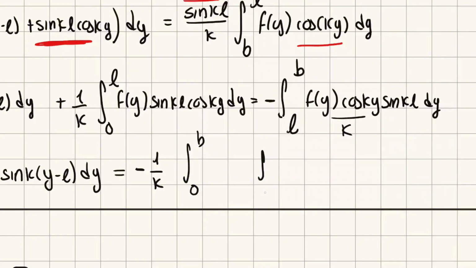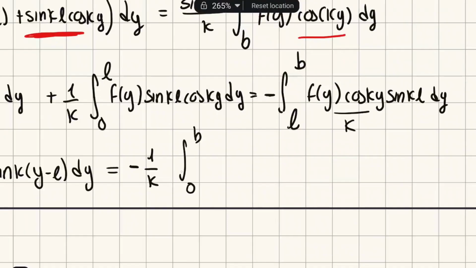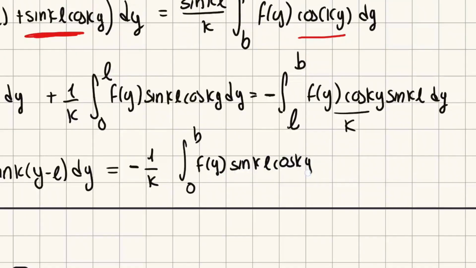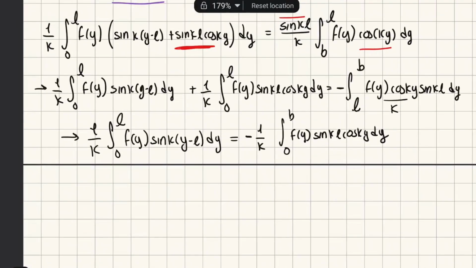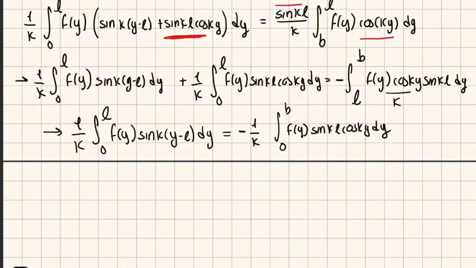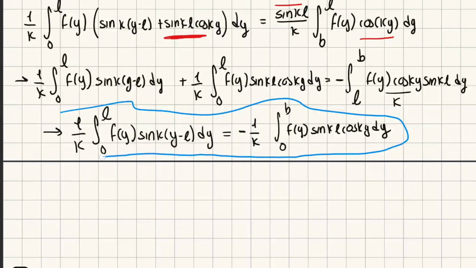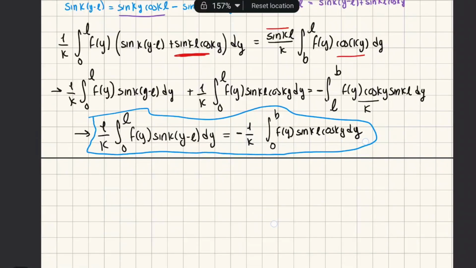Because recall the integral from 0 to L plus the integral from L to b is the integral from 0 to b. So that is what we are doing here. We are combining both integrals to get the same argument inside, which is f of y sine kL cosine ky dy. Okay, perfect. So we are going to save this result because it will help us to be able to erase the b in the expression for u.